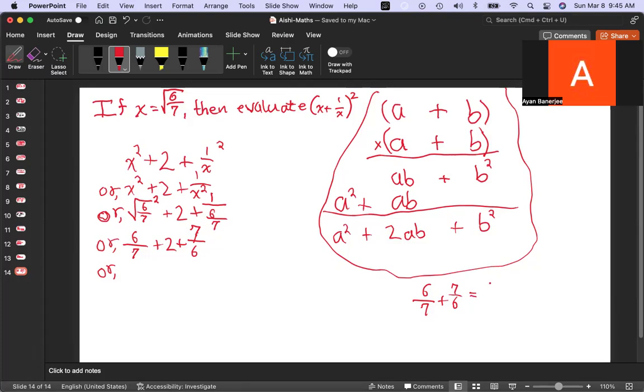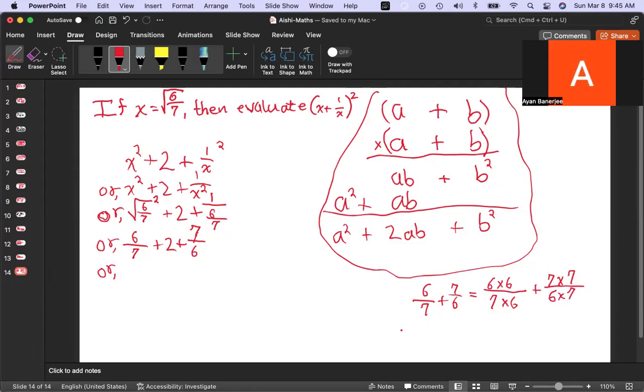So we have 6 times 6 divided by 7 times 6 plus 7 times 7, divided by 6 times 7.